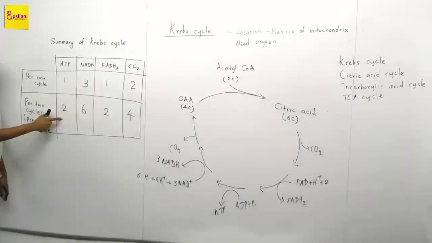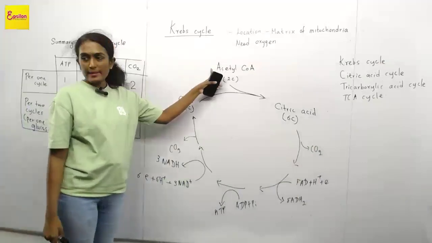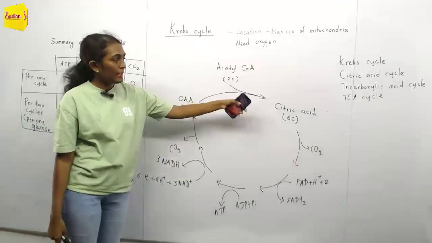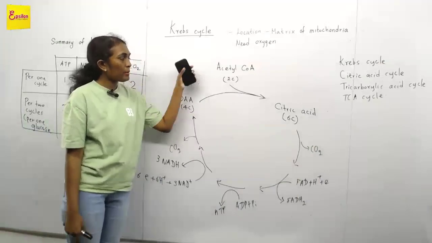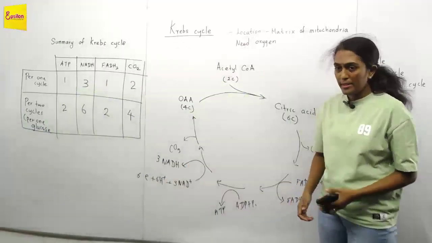And then 2 ATPs are for 2 cycles. Understood? Per 1 glucose, 2 acetyl coenzyme A is produced. So I told that 1 is fed to the cycle at a time. So this is happening twice for 1 glucose molecule. Can you understand? Right.